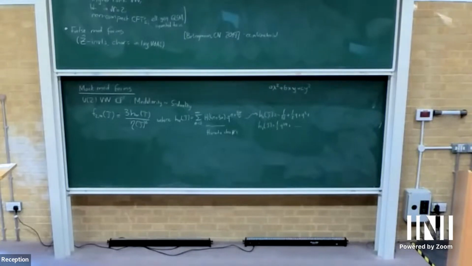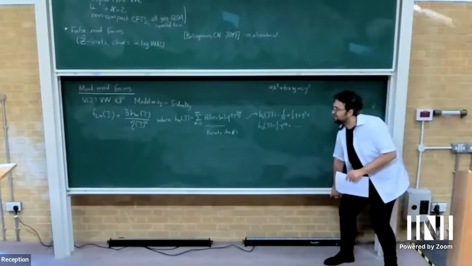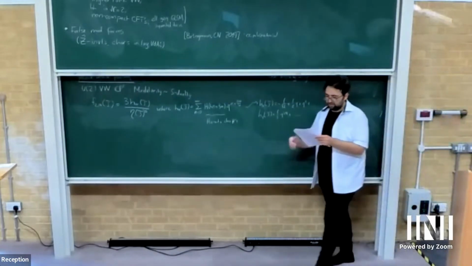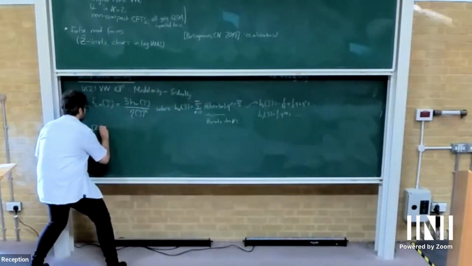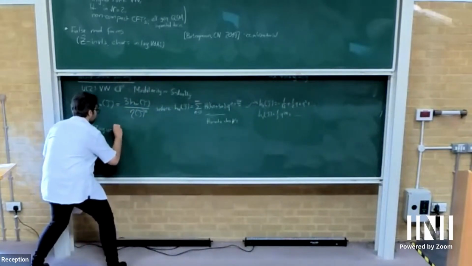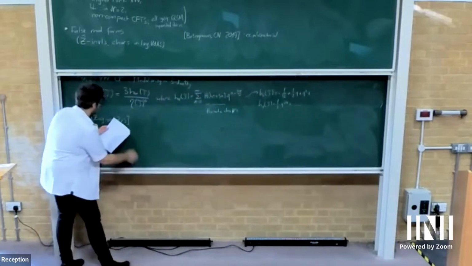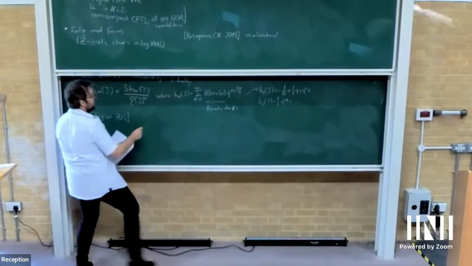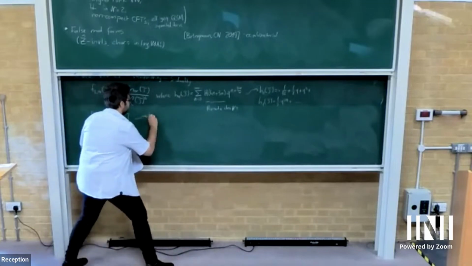It is, because it's actually a mock modular form. Well, I'm going to tell you what it is. Let me mention its modular property first. H alpha tau is a mock modular form. What does that mean? It means two things.